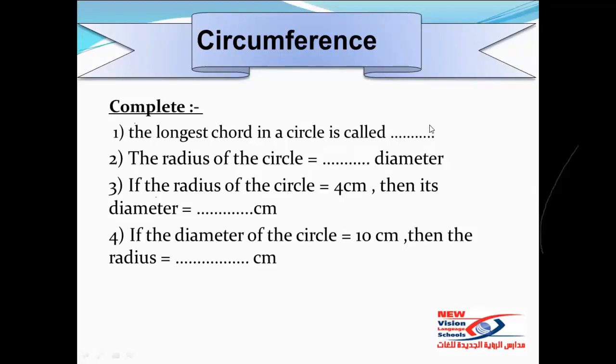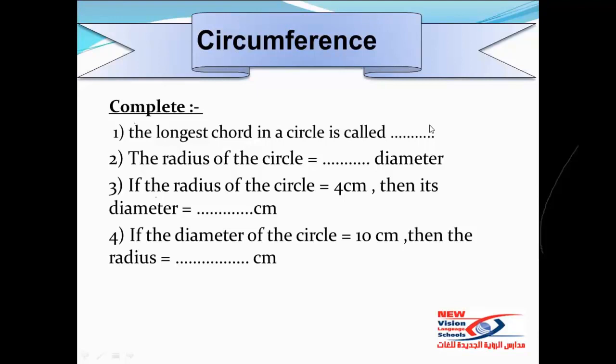If the radius of the circle is 4, then the diameter equals 8. Excellent. Why, Mariam? Because the diameter is double the radius. Okay, thank you. Number 4.